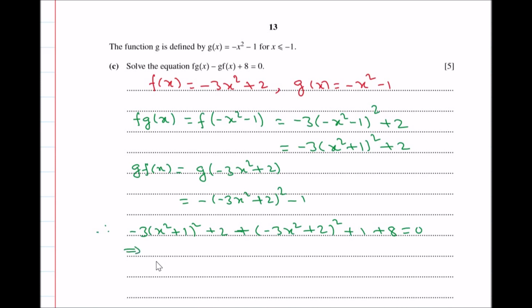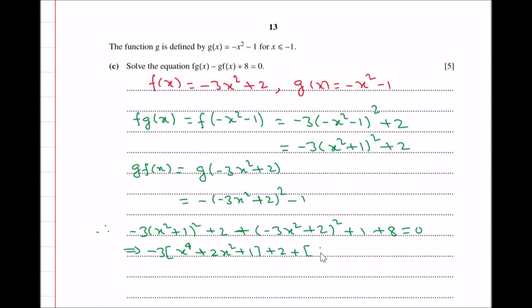Now let us simplify. So minus 3, it comes here x power 4 plus 2x square plus 1 plus 2 plus this minus 3x square.